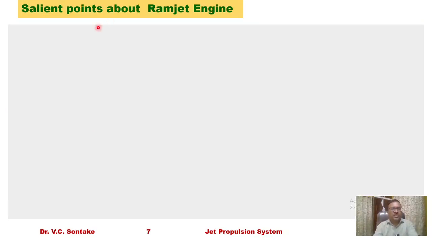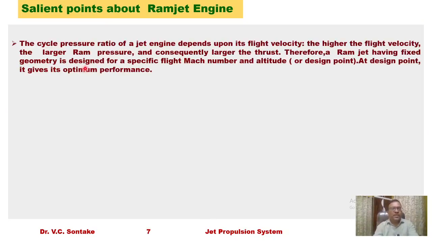Now let us discuss some salient points about the ramjet engine. The cycle pressure ratio of a jet engine depends upon its flight velocity. The higher the flight velocity, the larger the ram pressure and consequently larger the thrust.